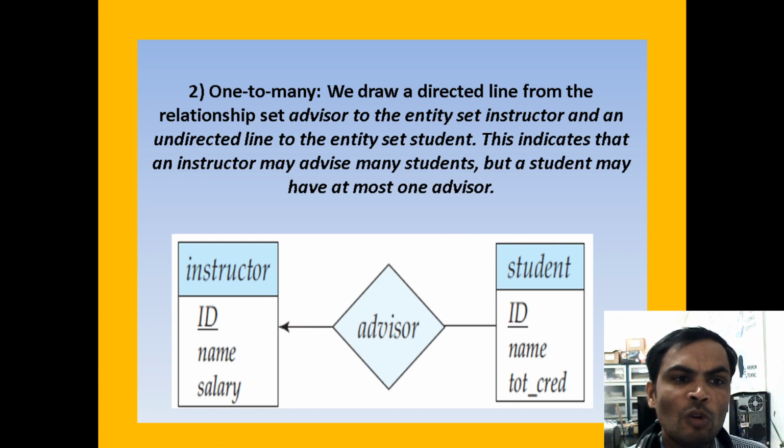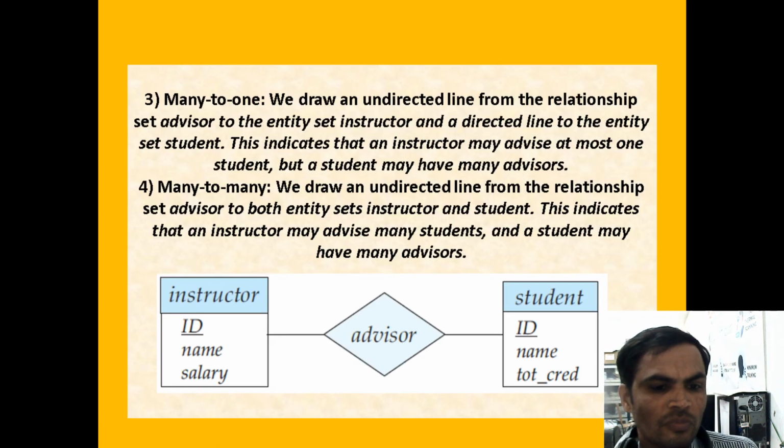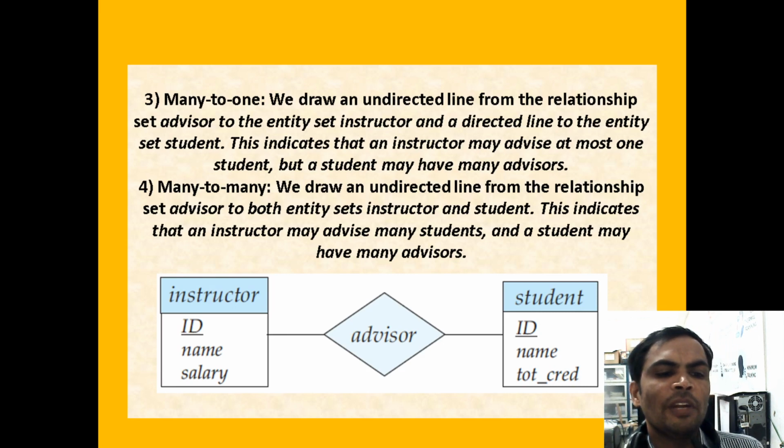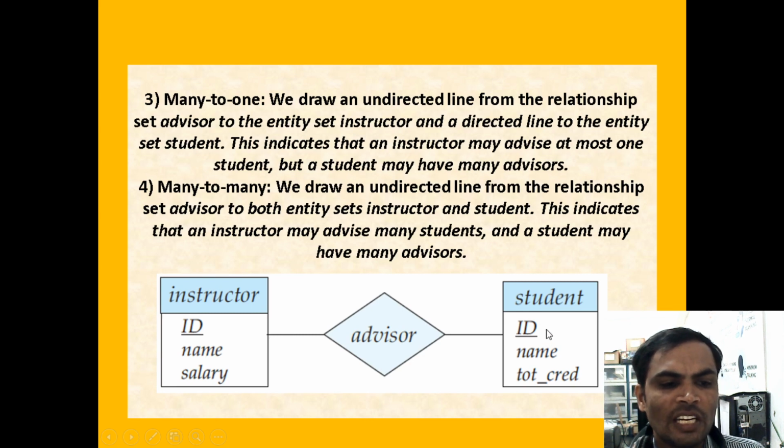Now if you are going to many to one also, the arrow should be there here. The straight line, the arrow indicating under the student means it should be considered as one to many. Now we have the many to many relationship. Many to many relationship means the arrow mark is not there for the entity and the student.